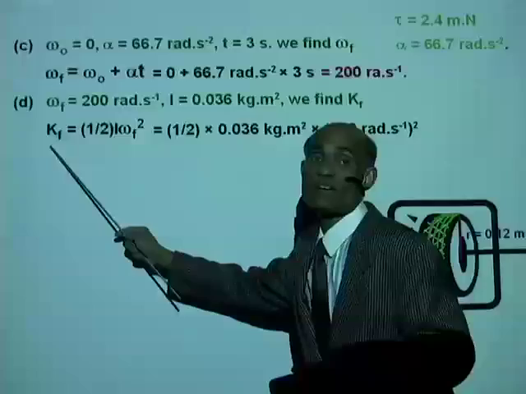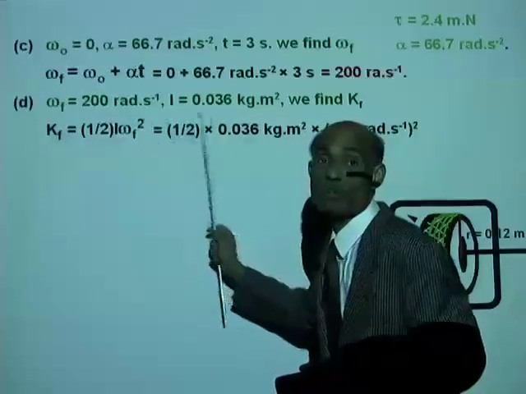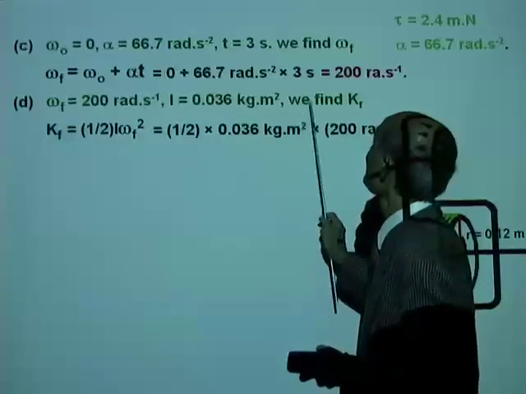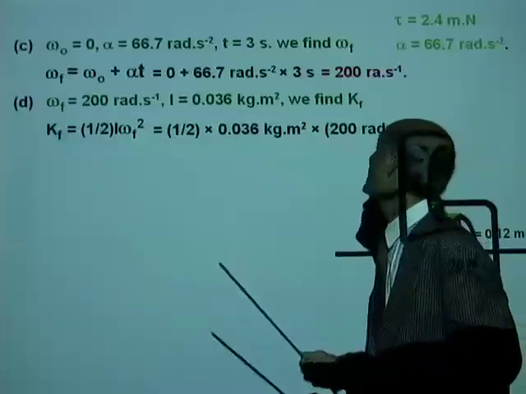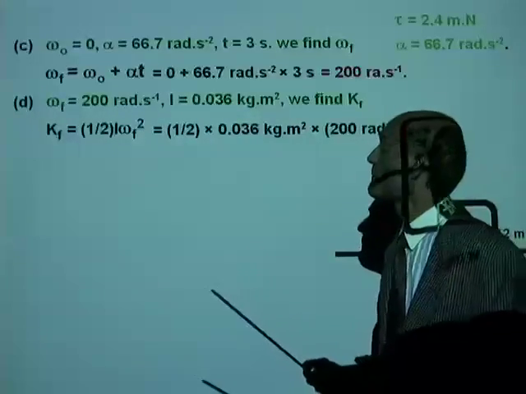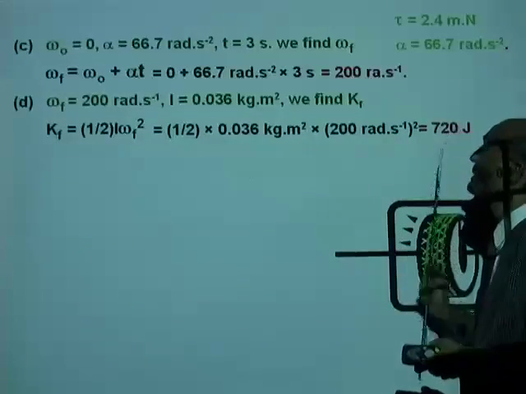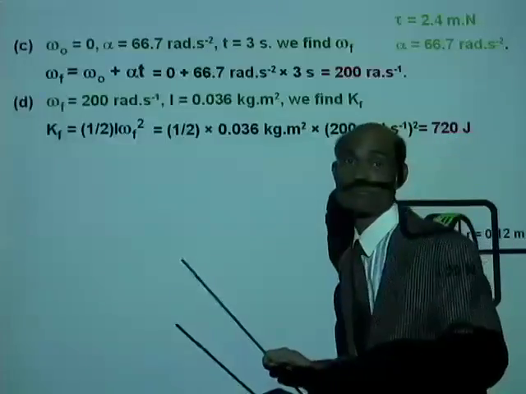Therefore, kinetic energy of rotation is 1/2 times I, 0.036 kilogram meter squared, times omega squared, 200 radian per second squared, and that is 720 joules is the kinetic energy after 3 seconds.